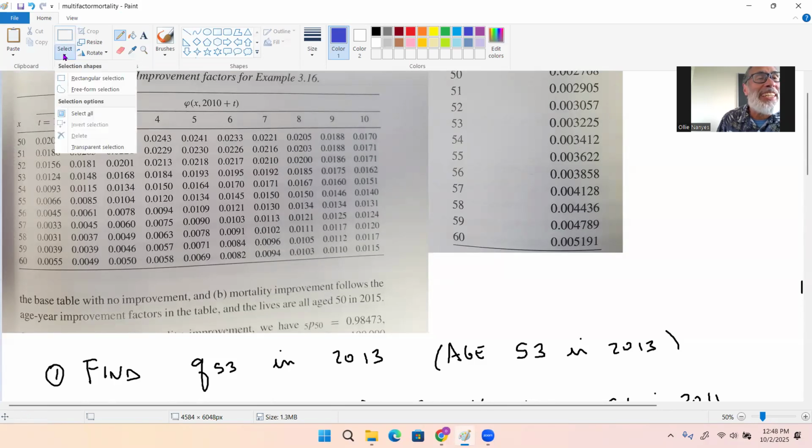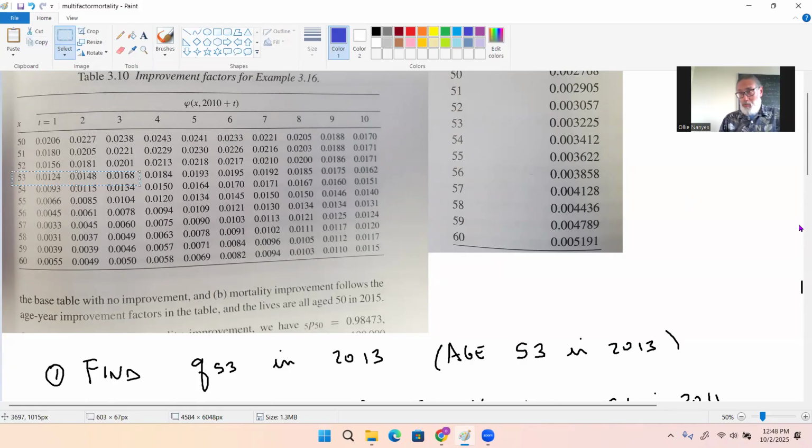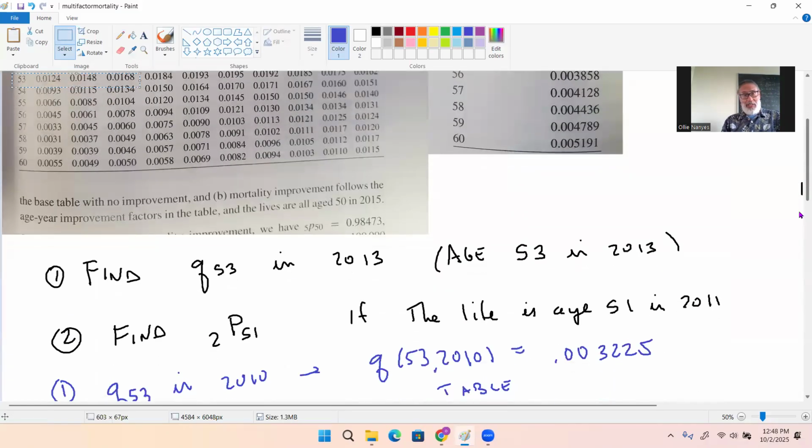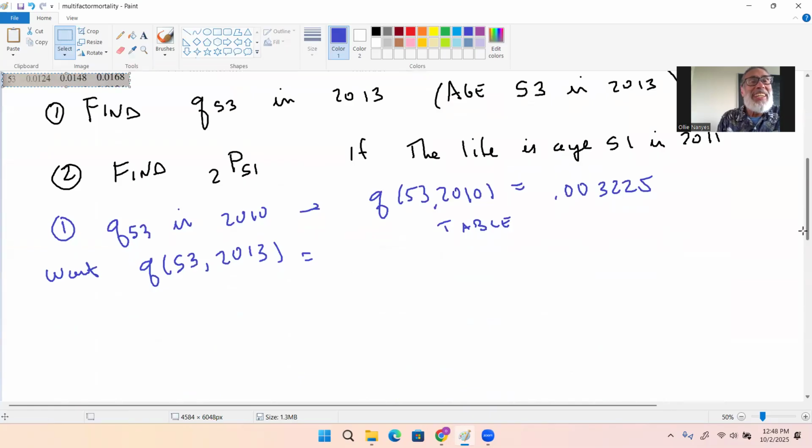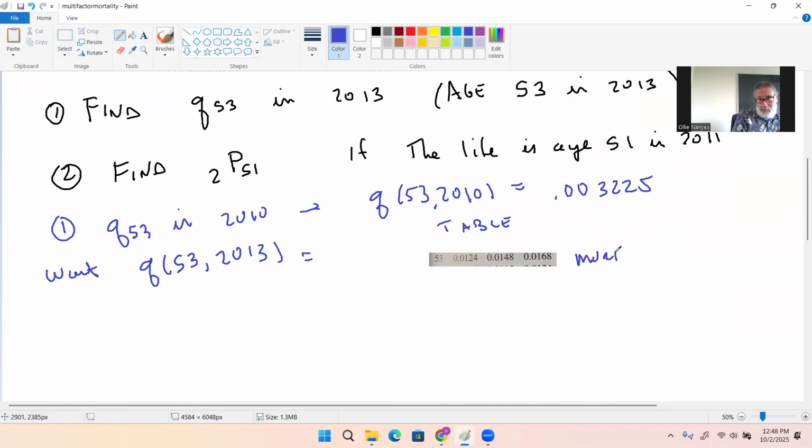I'll select this so we can see. Those are the relevant numbers, the mortality improvement numbers. Because remember, in 2013, mortality has had 3 years to improve.